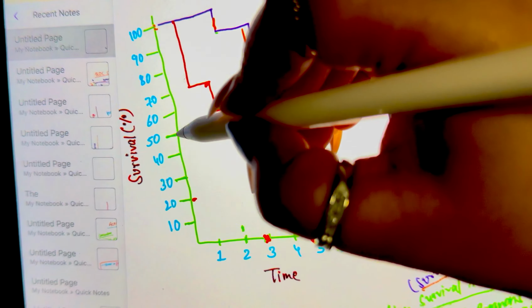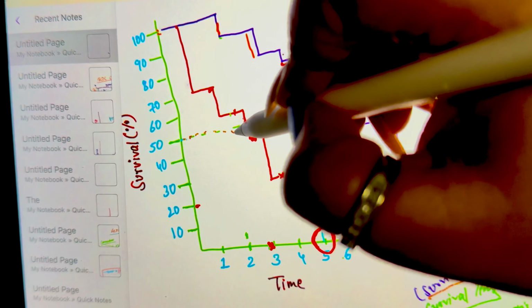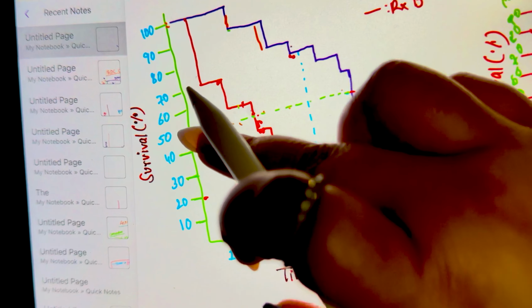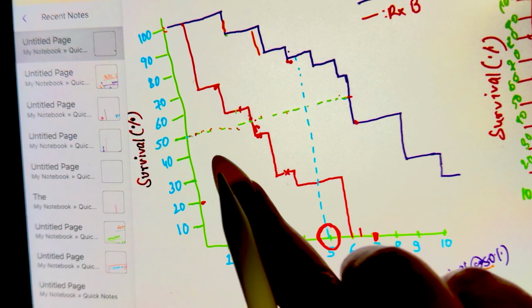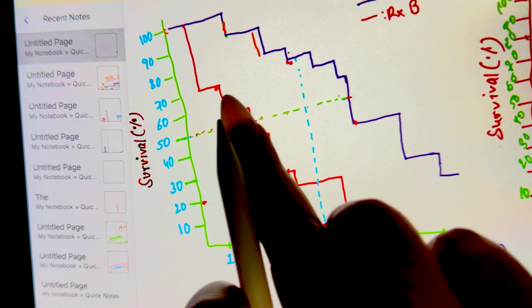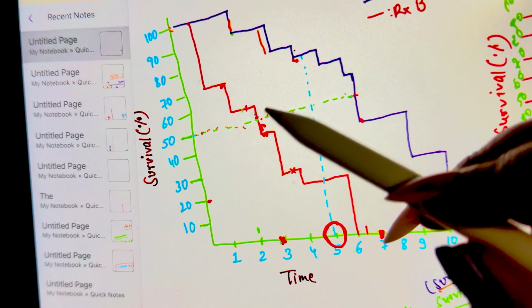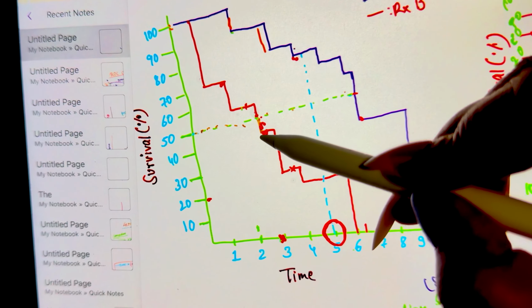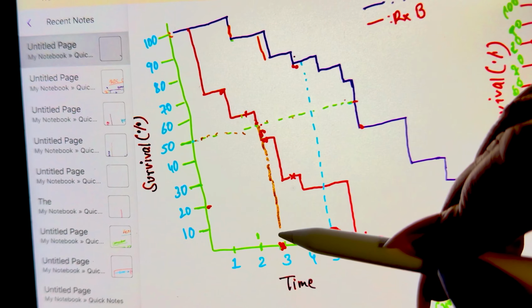So we will draw a horizontal line straight across this curve. The median survival for, suppose, treatment B will be 3, right?